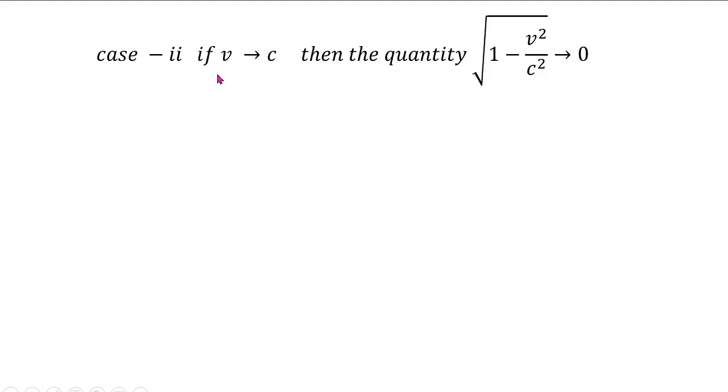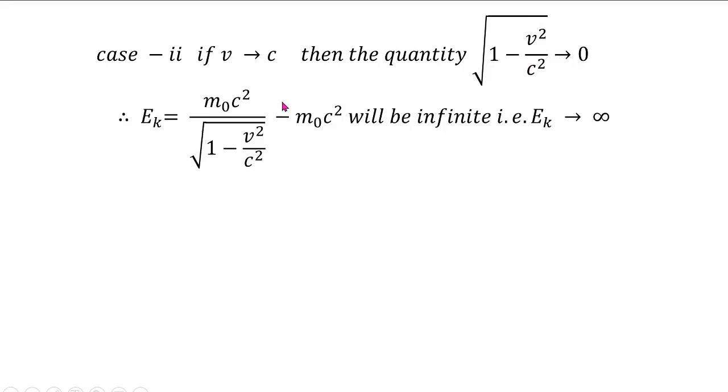The second case: if the velocity is nearly comparable to the velocity of light, if v tends to c, then 1 minus v square upon c square tends to 0, because when v tends to c, this ratio is 1 and 1 minus 1 is 0. Therefore this square root term becomes 0. If we substitute this 0 here, then Ek becomes infinite. The kinetic energy becomes infinite.